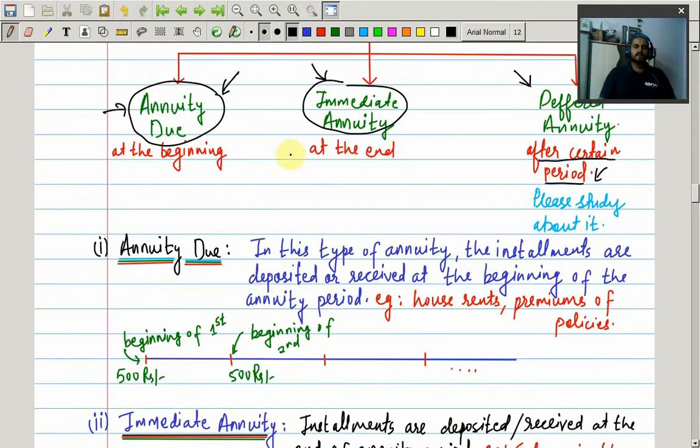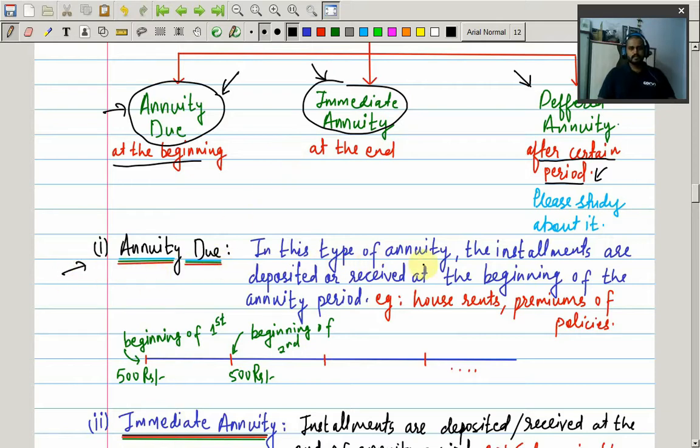As I have written in red color at the beginning, this annuity plan has deposition or receiving of salary at the beginning of the annuity period. So let's read about annuity due.